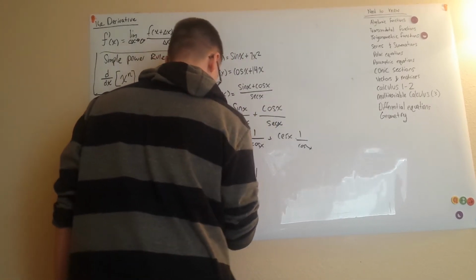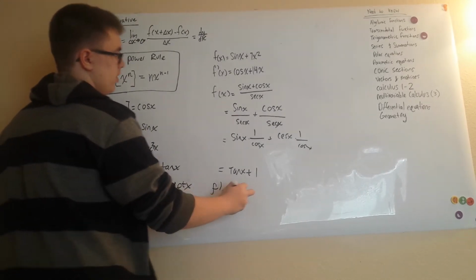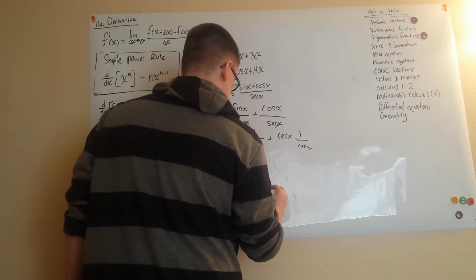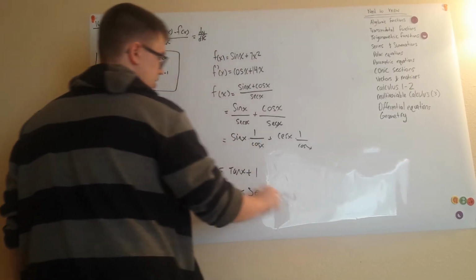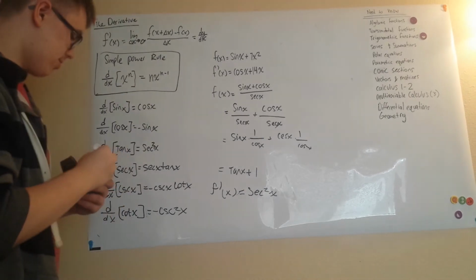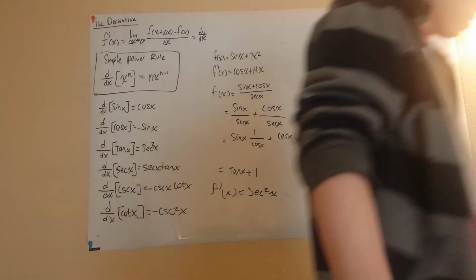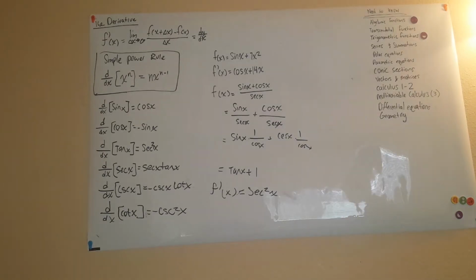That means the derivative of this is secant squared x, and a plus 1, 0 from the power rule. That's it. That's all you got.